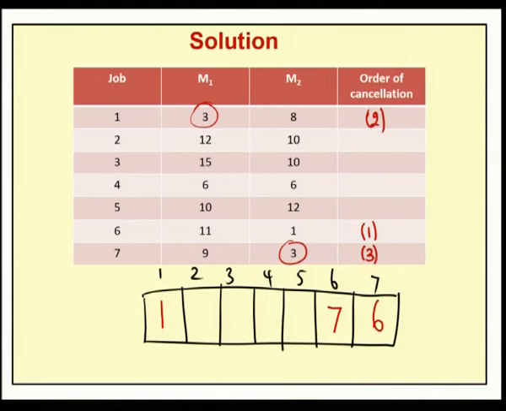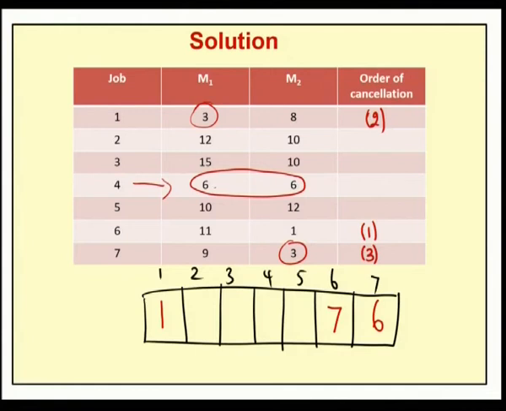Next smallest after 3 is 6, which occurs in 2 places, corresponding to job 4 under machine 1 and machine 2. So there is a tie. Since the tie corresponds to a particular job, job 4, the order of choice is immaterial.